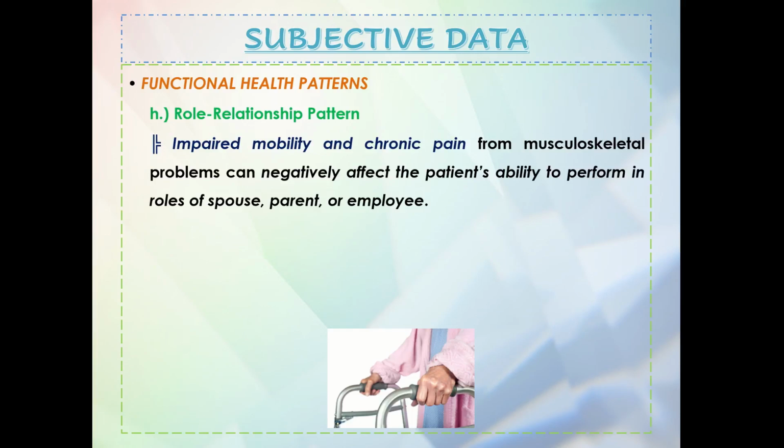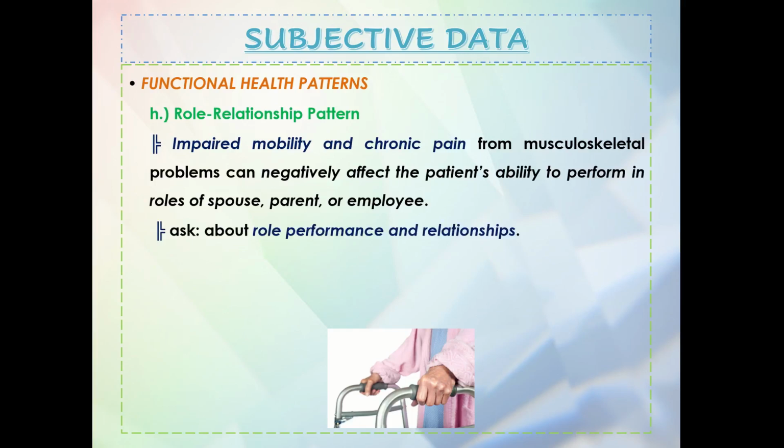If you are in chronic pain or hindi ka makagalaw, you really cannot perform your role as a parent, for example, or as a father, or as a mother, because definitely hirap ka nga, 'di ba? Hindi because of the musculoskeletal problem that you have. So that's one of the problems kapag may altered tayong or may disorder tayo in this system.